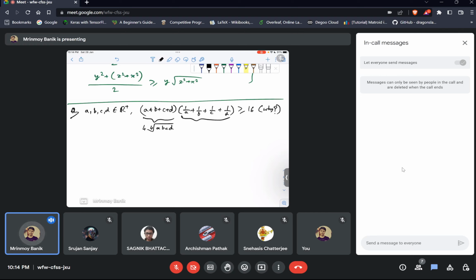And then again on the next factor, we get 4 times the fourth root of 1 by ABCD. Then multiply these two. It's greater than or equal to 4 times 4, which is 16, and the factors get cancelled, so 16.